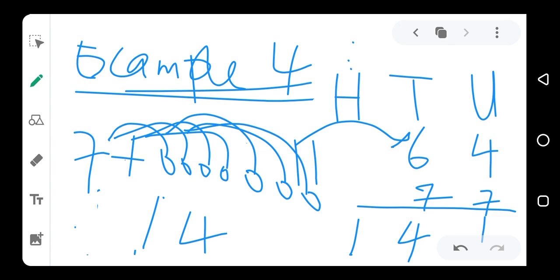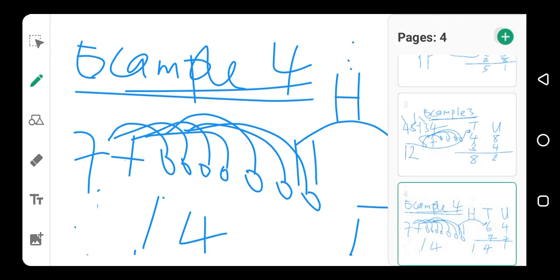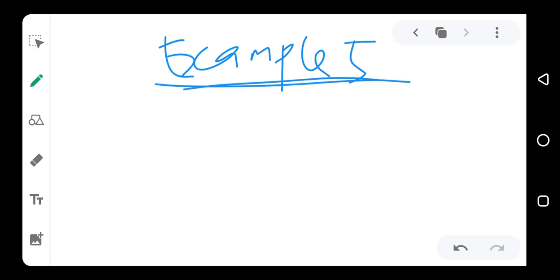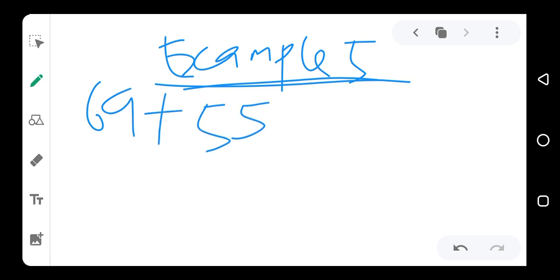Let's look at another example. Let's solve 69 plus 55.